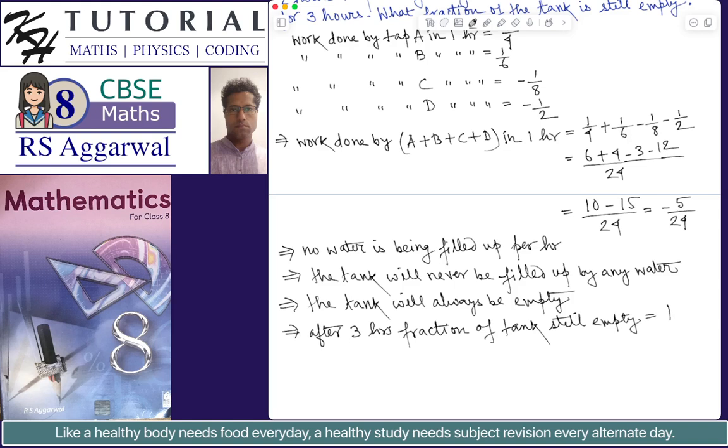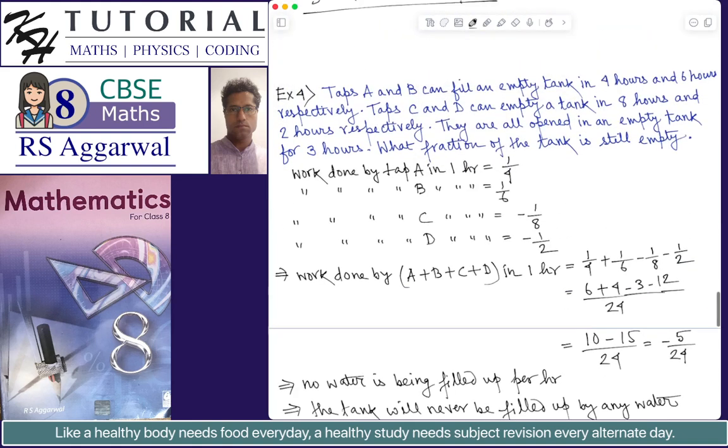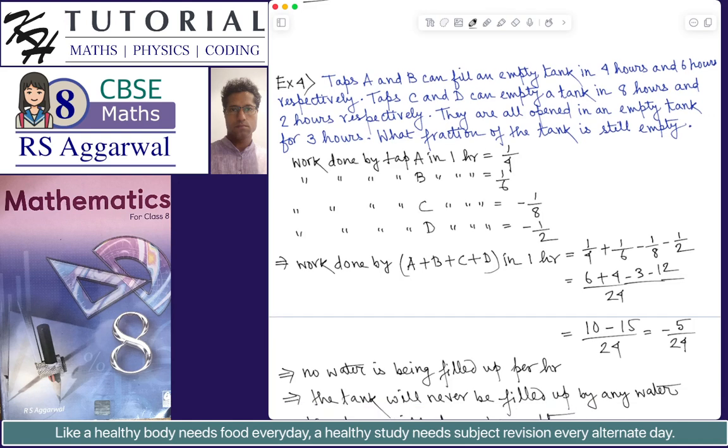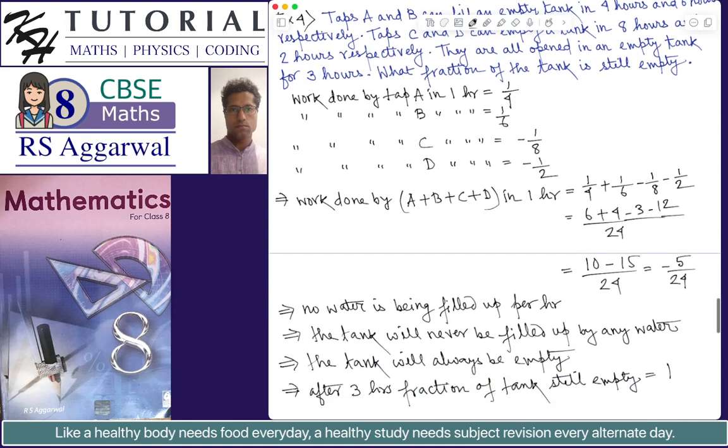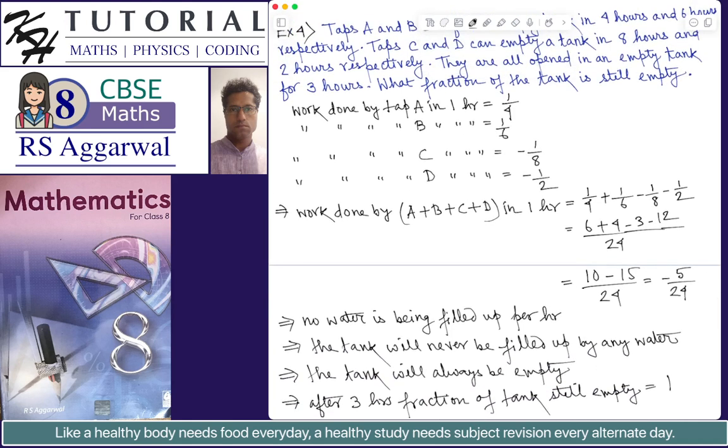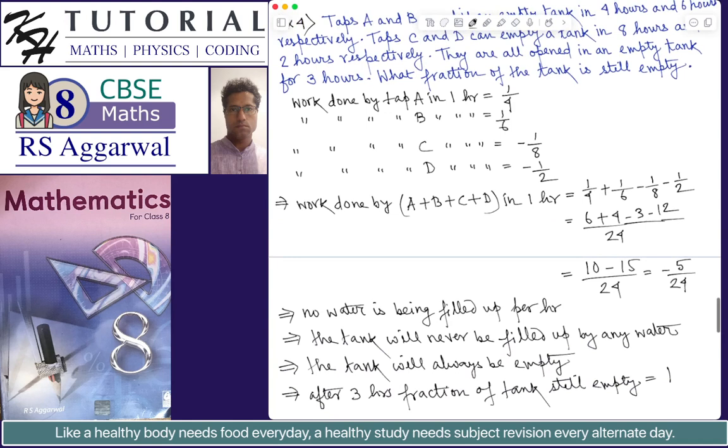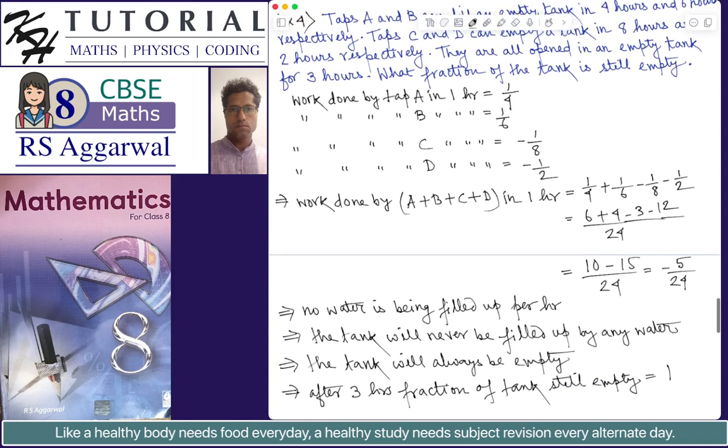Even though this solution was not intended, since I could not give the proper data, the solution we got is that the tank is never being filled up. But this was not my original intention, so I'm really sorry for this.